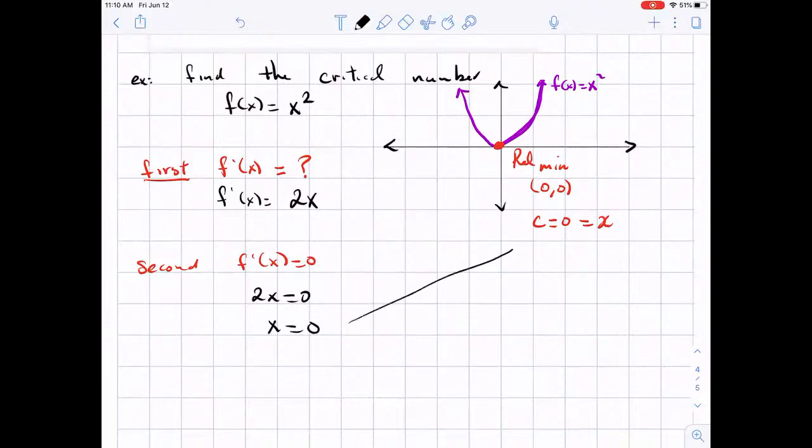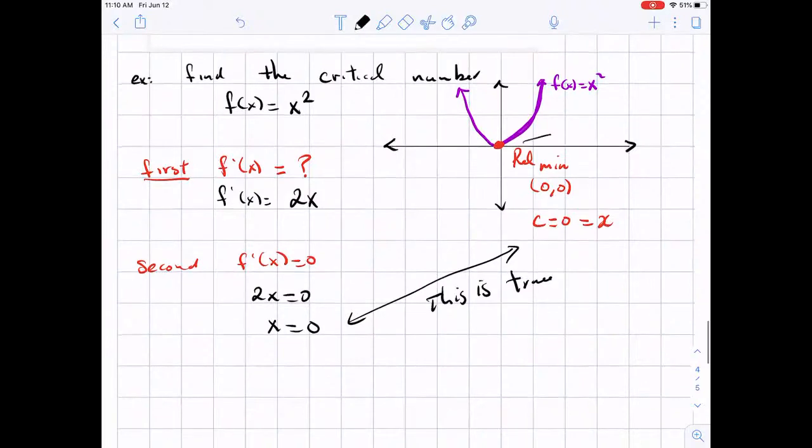And here we saw that this is true. Why? Because at that point, at c equal to 0, which is the same as x, m is equal to 0. So the slope is 0. So there's a bunch of things happening there.